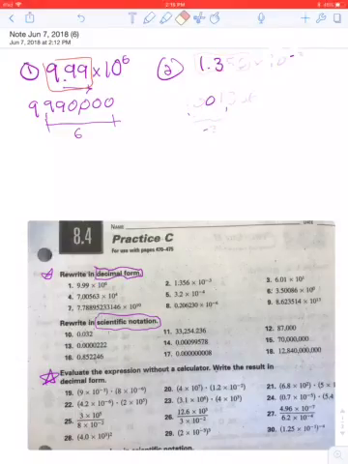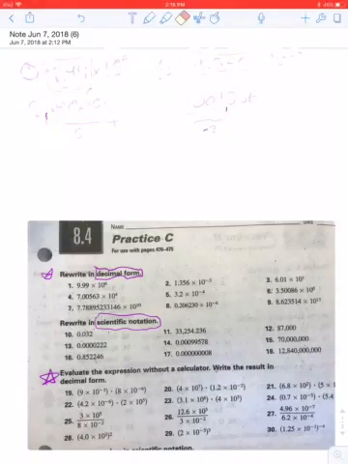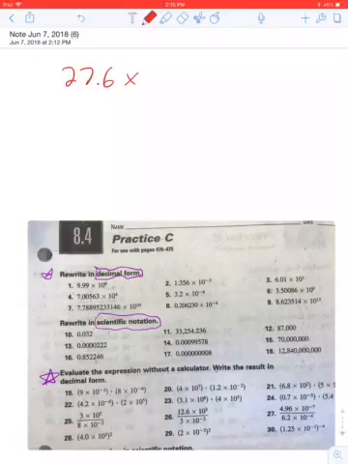So you might get kind of a trick problem. This isn't on the worksheet, but it may show up on the worksheet, where you have like 27.6 times 10 to the 5th. And you may be tempted to think that that's scientific notation because it looks like it, but it's not, because this number right here is not in between 1 and 10.